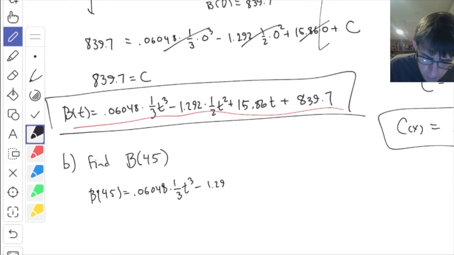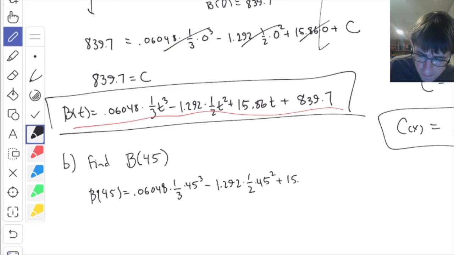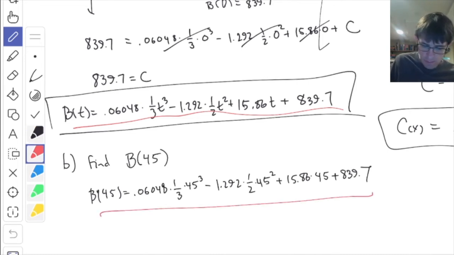Sorry, the whole point of this is I'm plugging a value in for t. It is 45 cubed. All right, and then just copying this whole thing, plugging in 45 for t. There you go. This is my final answer for part B.